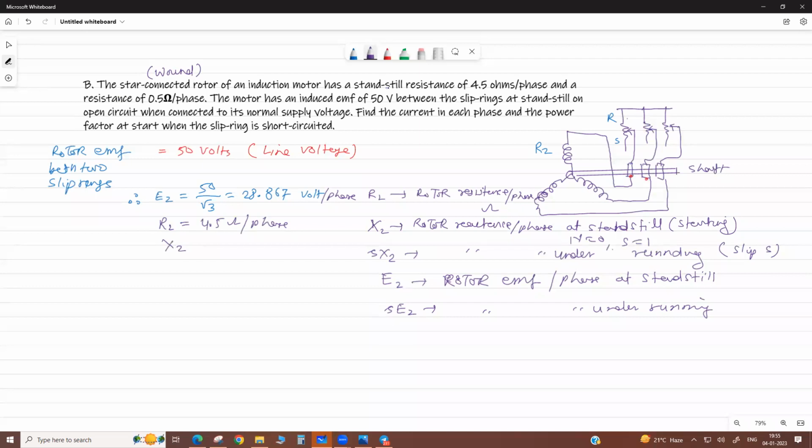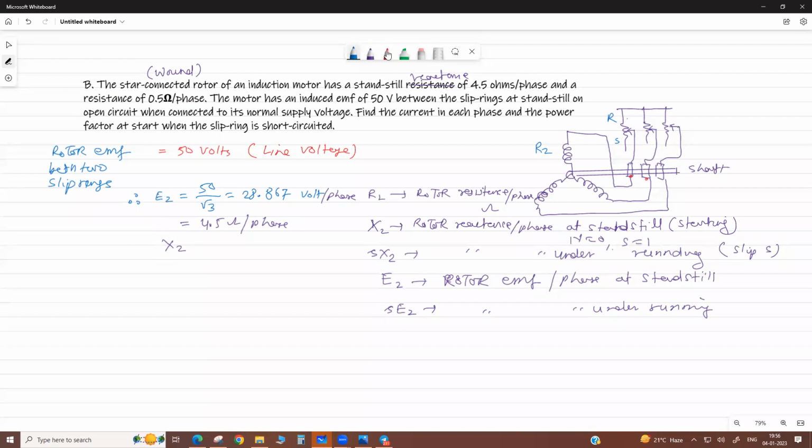Sorry, here, this is wrong. Mistakenly I said resistance; it is a reactance, because reactance changes with slip, and resistance is fixed. It does not vary with slip. So actually this first part is a reactance, X2.